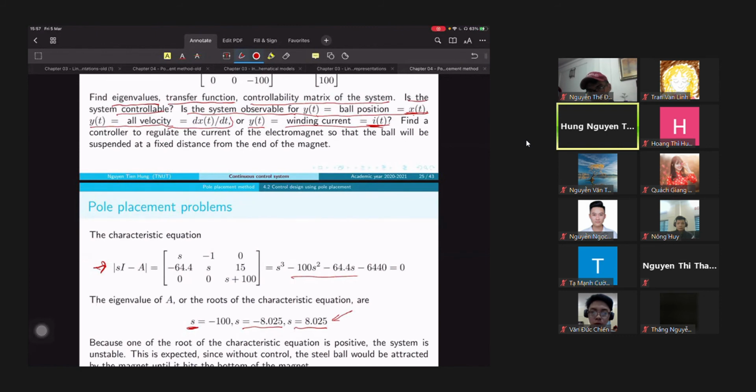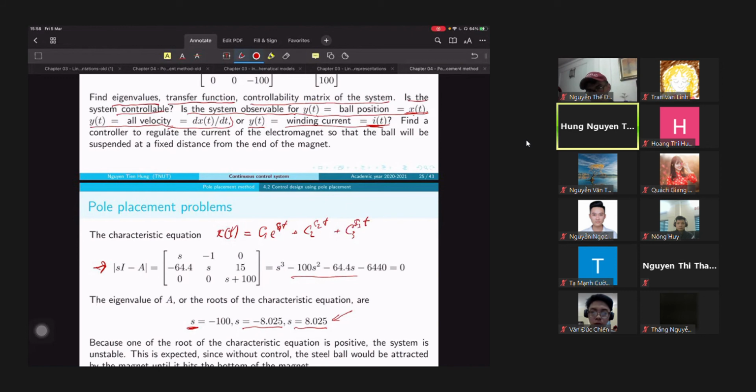you can represent the system in the time domain as x(t) equal to c1 e^(s1 t) plus c2 e^(s2 t) and c3 e^(s3 t).